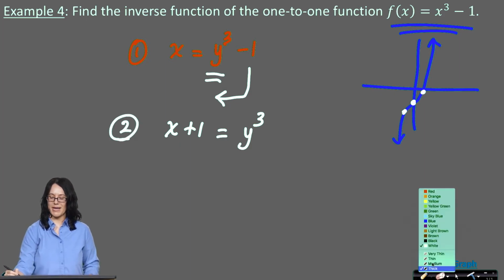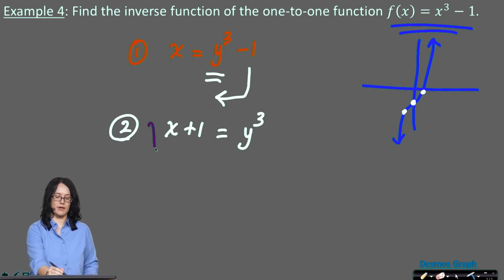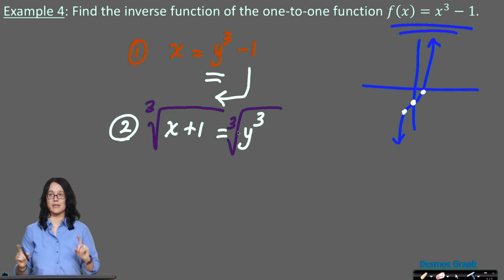Finally, to get y by itself, we need to undo the operation of cubing something. Well, what's the opposite operation of cubing something? That's right, it would be taking the cube root. So if I took the cube root of both sides, notice I don't need a plus or minus like I would with the square root, because cube roots can have negative numbers, so they're uniquely generated, unlike square roots.